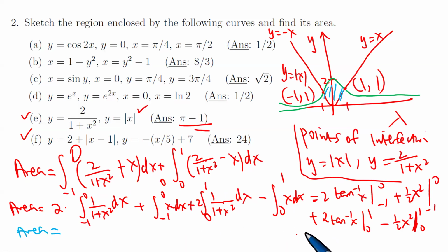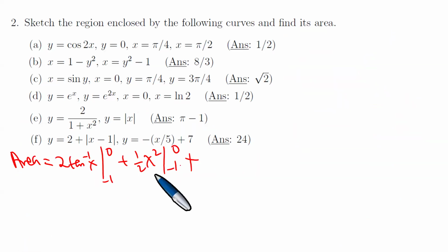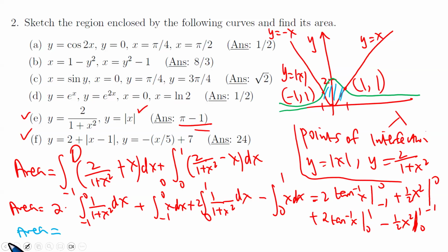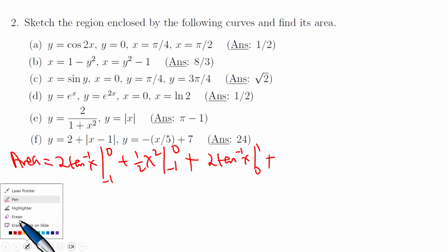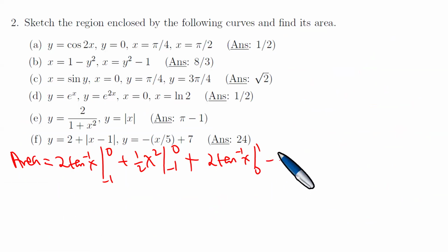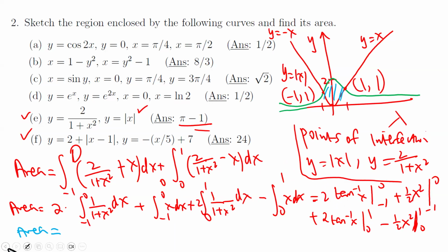And then you have the 2 arctan x from 0 to 1, minus 1/2 x squared from 0 to 1.